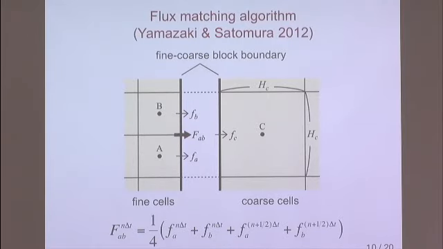So here we ensure that the coarse cell flux, here Fc, is equal to the fine cell fluxes Fl and Fb accumulated during the sub-cycling time steps, and match the flux using this simple calculation. This algorithm is really simple and doesn't make a big overhead, but ensures the mass conservation to the machine precision. I will demonstrate it numerically from the next slide.